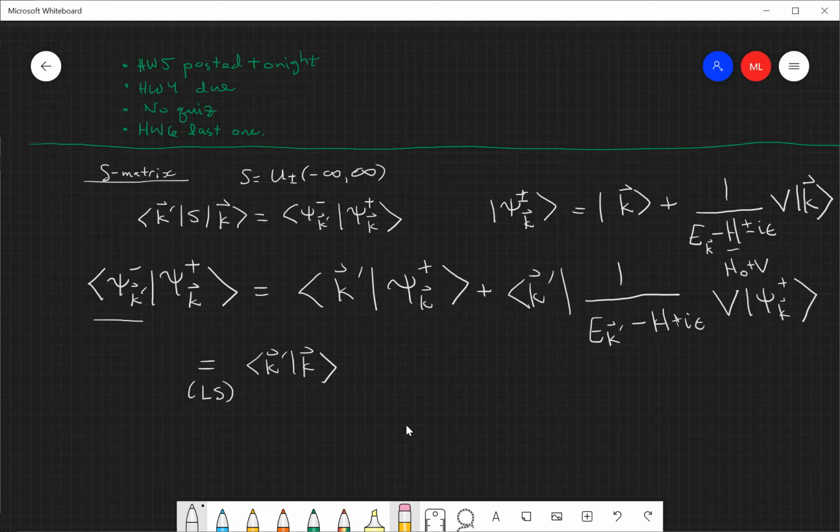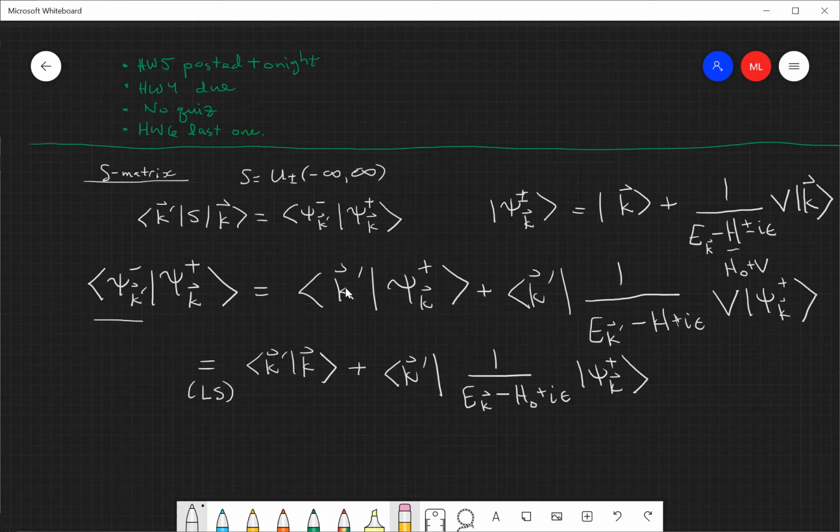Then we have k prime dotted into 1 over E_k minus H_0, just the kinetic energy, plus i epsilon, dotted into psi k plus.